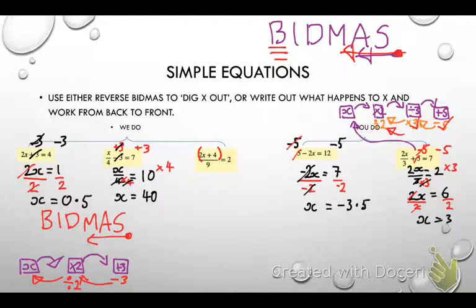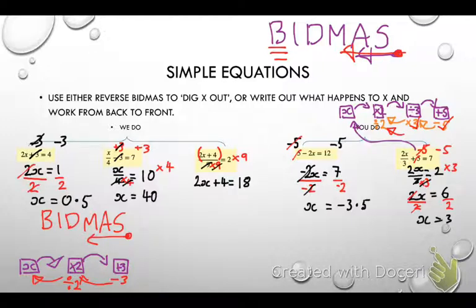The opposite of dividing by 9 is to multiply by 9. And that'll eliminate that one there, leaving us with that top part, which I've got in the red brackets. We'll just write it as 2x plus 4 equals 18. 2 times 9 is 18.